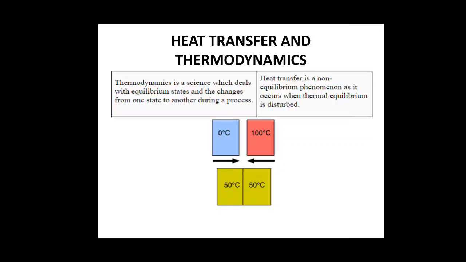That means in thermodynamics we only study the system when it is in an equilibrium state, and when it changes from one equilibrium state to another equilibrium state. We also study the process.